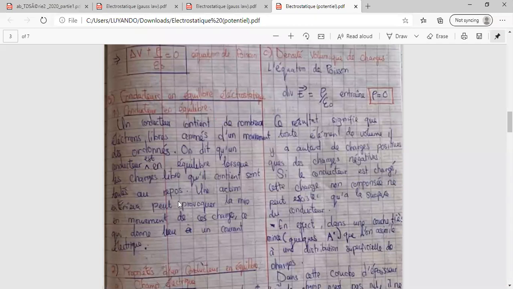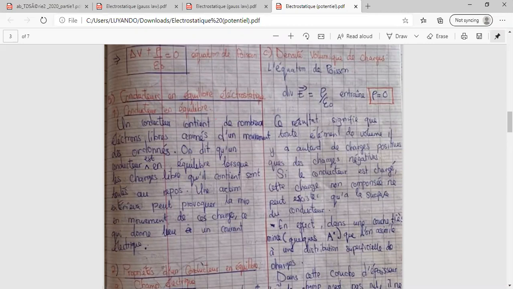So unless there's an exterior action that can provoke the movement of the charges or the electrons in that conductor, we call it a conductor in equilibrium if the charges, the free electrons, are at rest. That's what we have here.